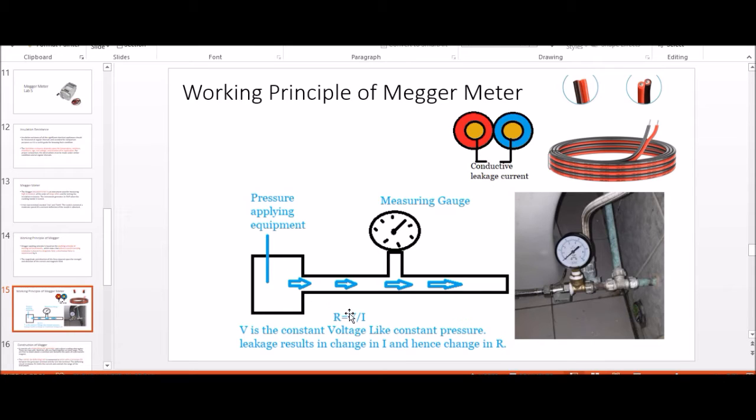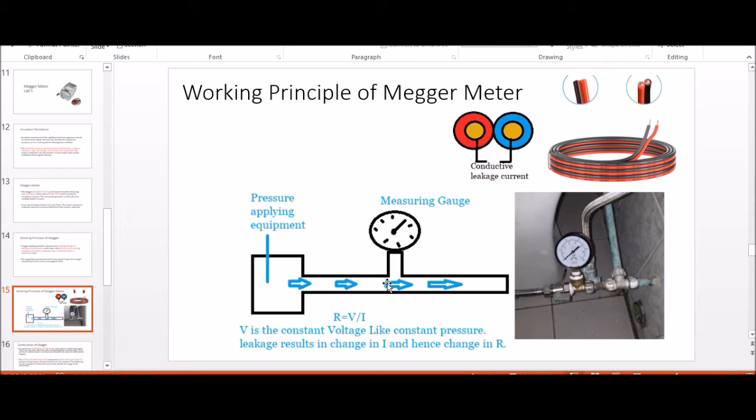And when there is a leakage in your pipe, the water flowing is equivalent to your current in this analogy. So if there is a hole, a leakage of current, or an insulation break, then the current flow is represented by your water flow or gas flow.